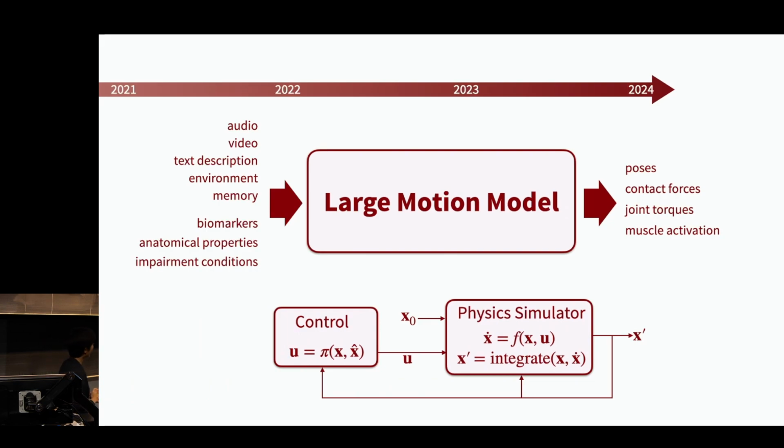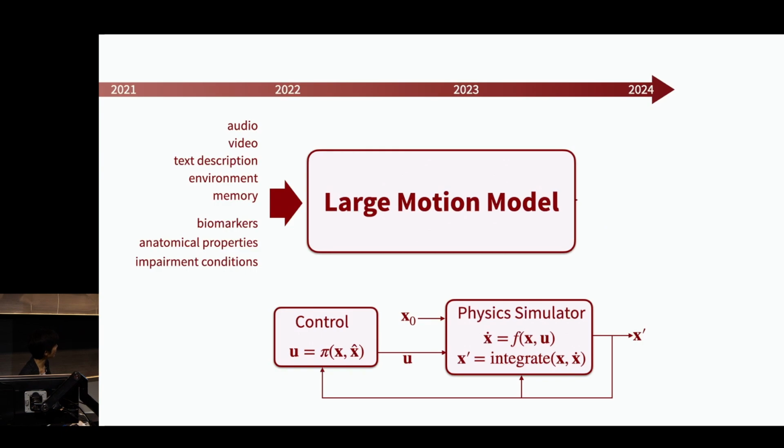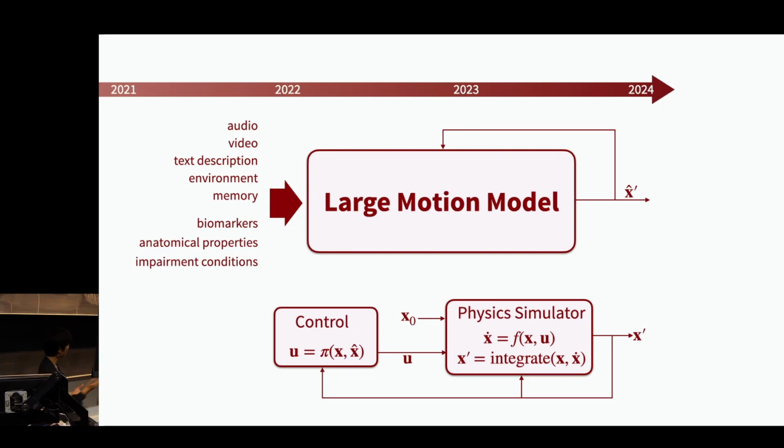This way, our agent can make good decisions based on a large motion model, but at the same time, it can respond to physical events because it's physically simulated. But putting these two things together is not as easy as you think, because essentially they are doing the same thing. Both models are predicting the next frame, the next pose.